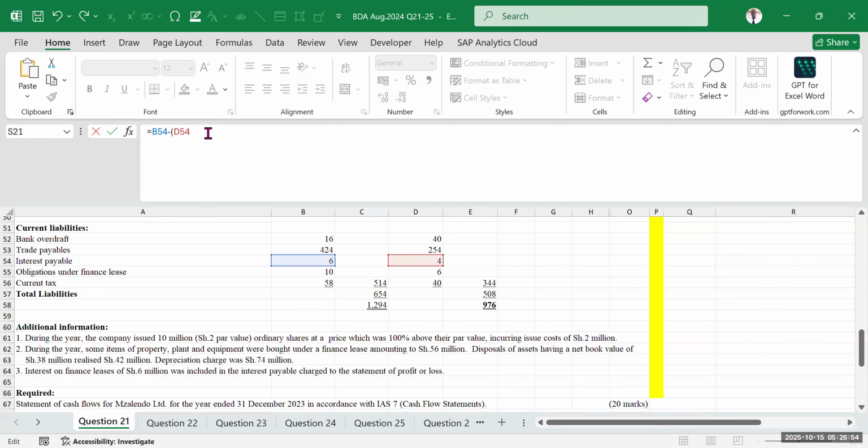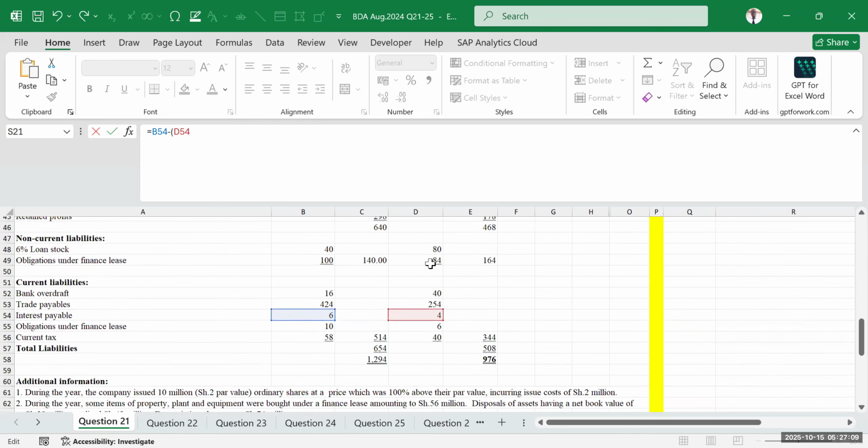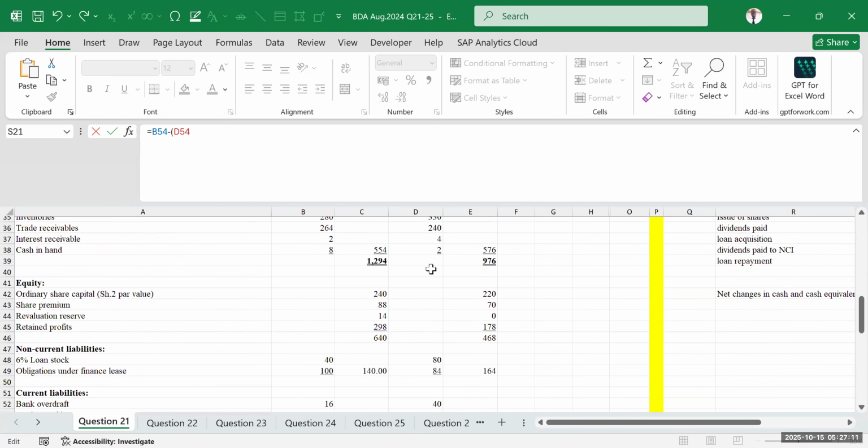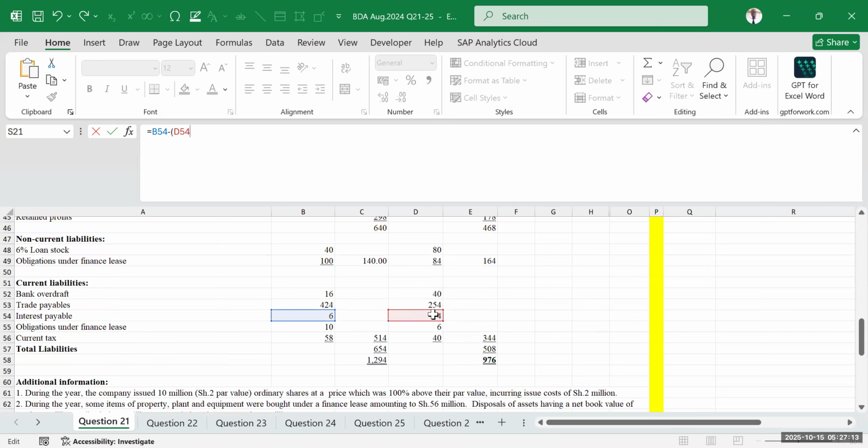Then we adjust it by recognizing any interest expense that was charged in the current financial year. Remember, the one under column 2022 was a liability brought forward from the previous period. So we must bring forward the liability that we already have from the previous period that we did not pay.